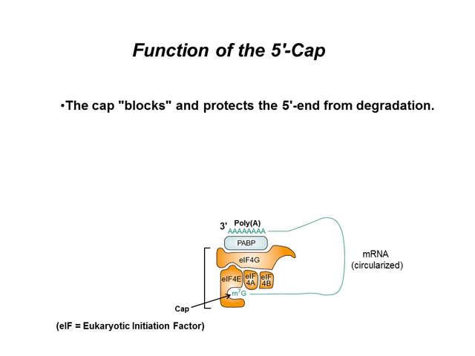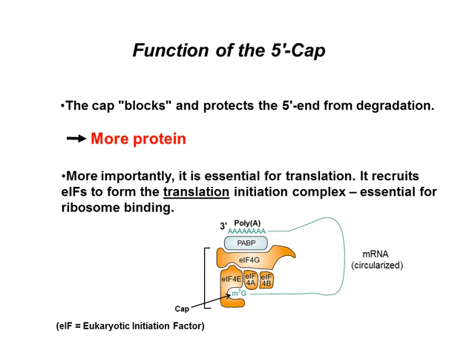And their job is to clean up any nucleic acid that's wandering around unchaperoned and off the reservation, so to speak. So to keep this from happening with RNA, the end is blocked by the cap. And so you get longer-lived RNA and you get more protein out of the deal. And in addition, the cap is a structure that's absolutely required for the formation of this sort of blob of proteins, which is necessary for translation.